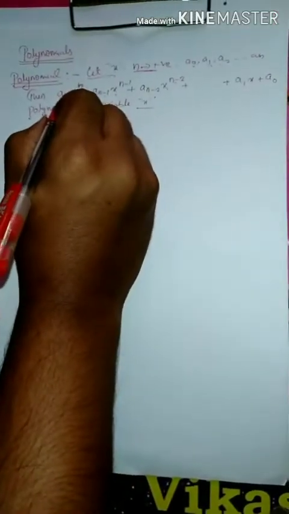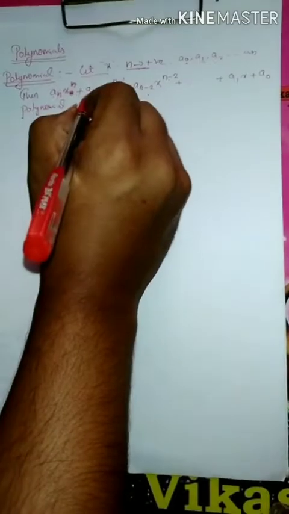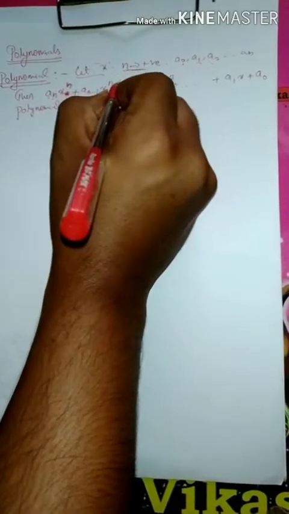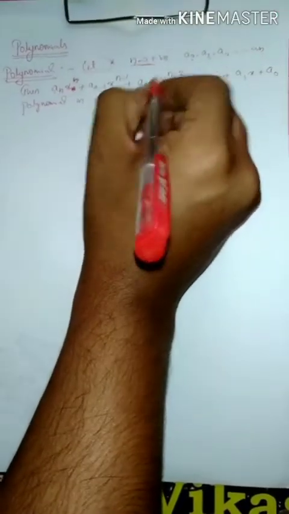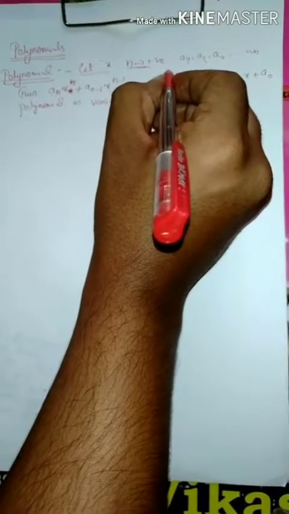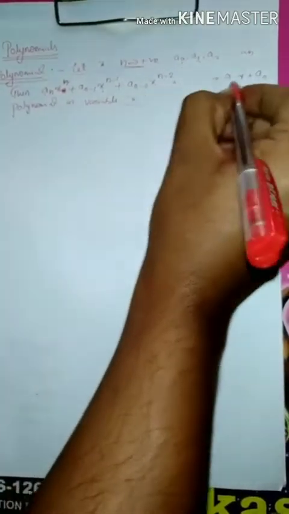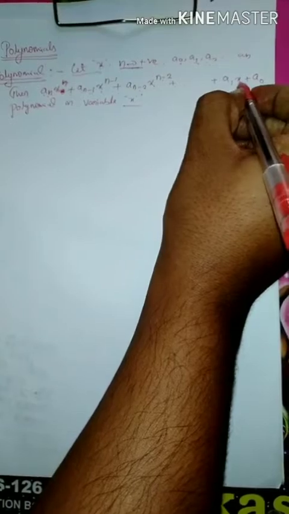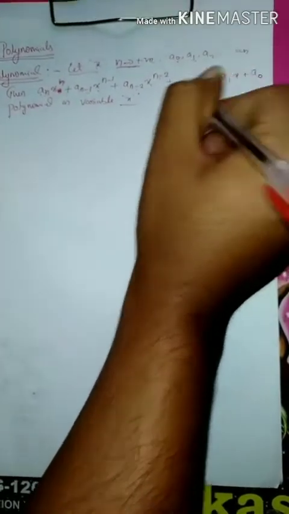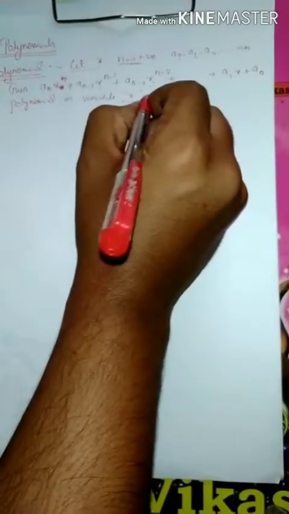Then an x to the power n plus an minus 1 x to the power n minus 1 plus an minus 2 x to the power n minus 2 plus so on, the last term is a1x plus a0, is a polynomial in variable x.